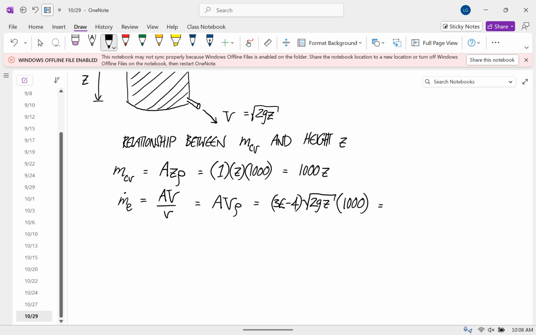The speed is given as this function of z, and then the density is 1,000. So this is 1,000 times 3 times 10 to the minus 4 is 0.3. Multiplying that by square root of 2gz. I'm going to put this in as a number.